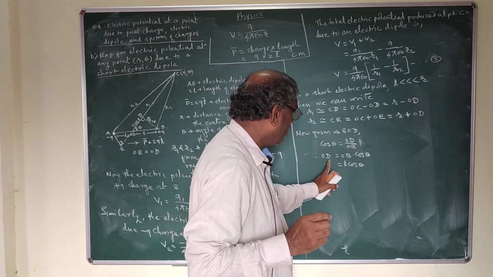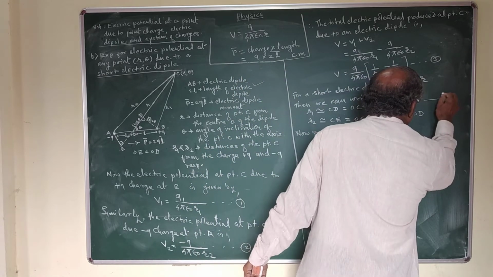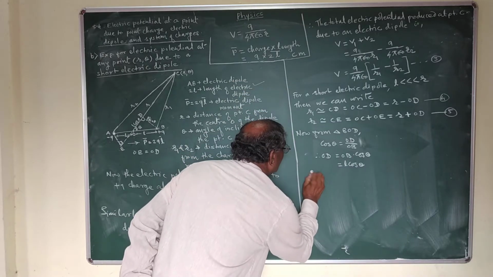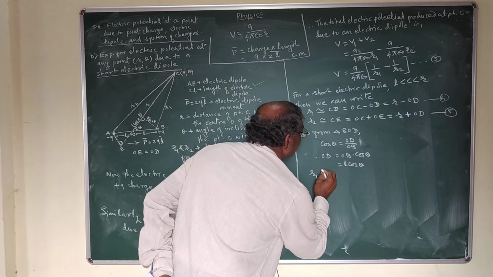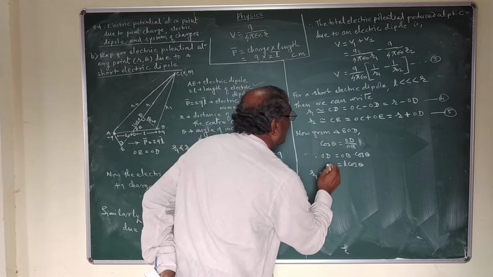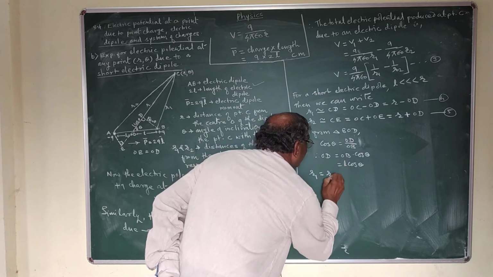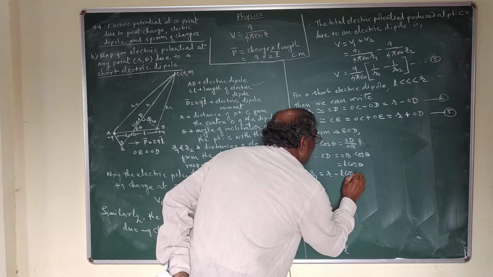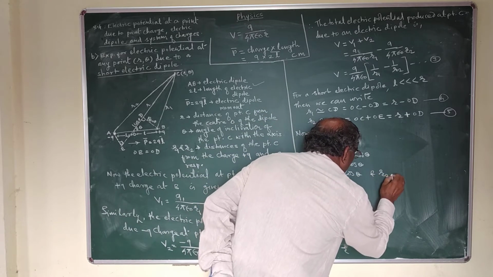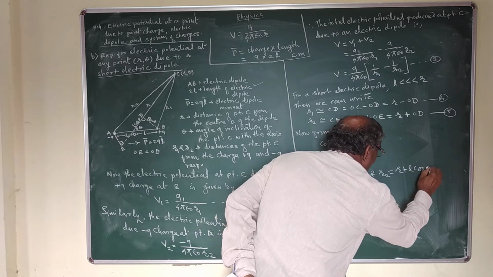Substitute this value of OD equal to L cos theta in equations 4 and 5. We get R1 is equal to R minus L cos theta and R2 is equal to R plus L cos theta.